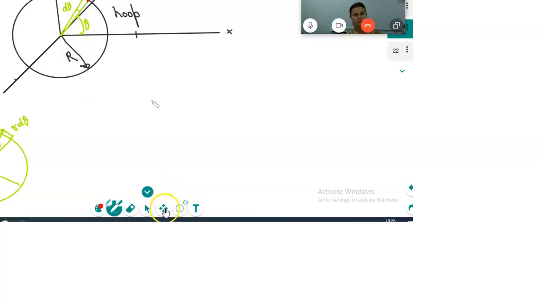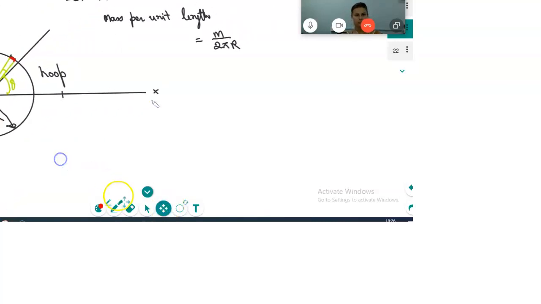Is it clear? What is the mass of this small piece? First we will get the small piece mass. Length into mass per unit length. Very simple. What is the small piece length? r d theta into mass per unit length.